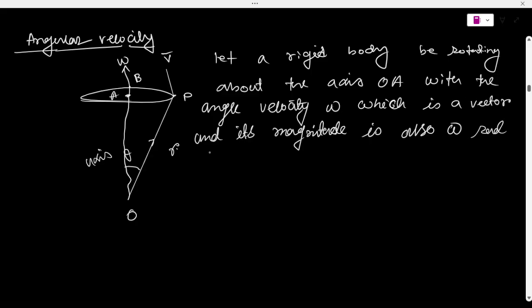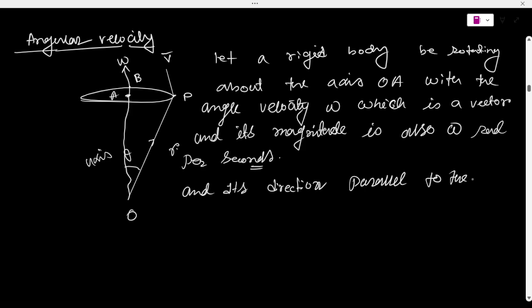Its direction is parallel to the OA axis.